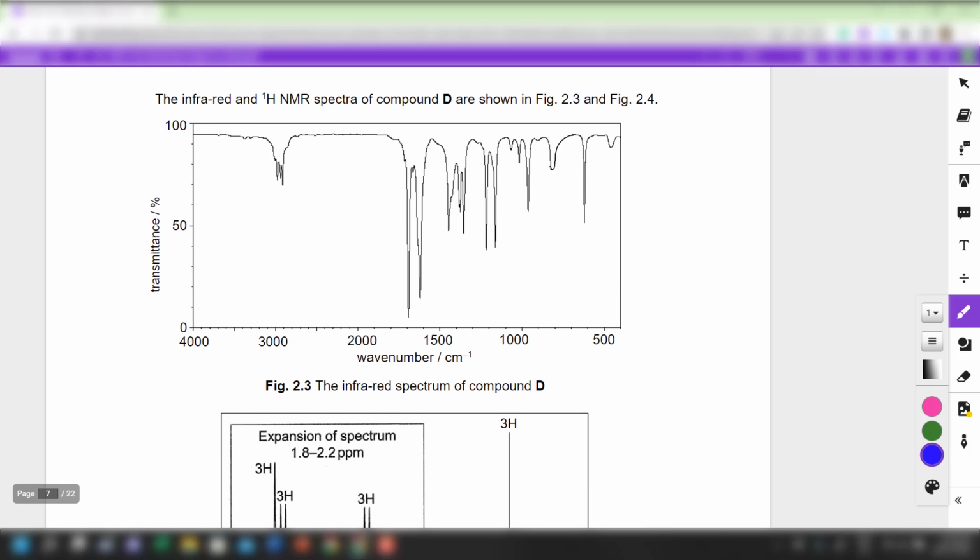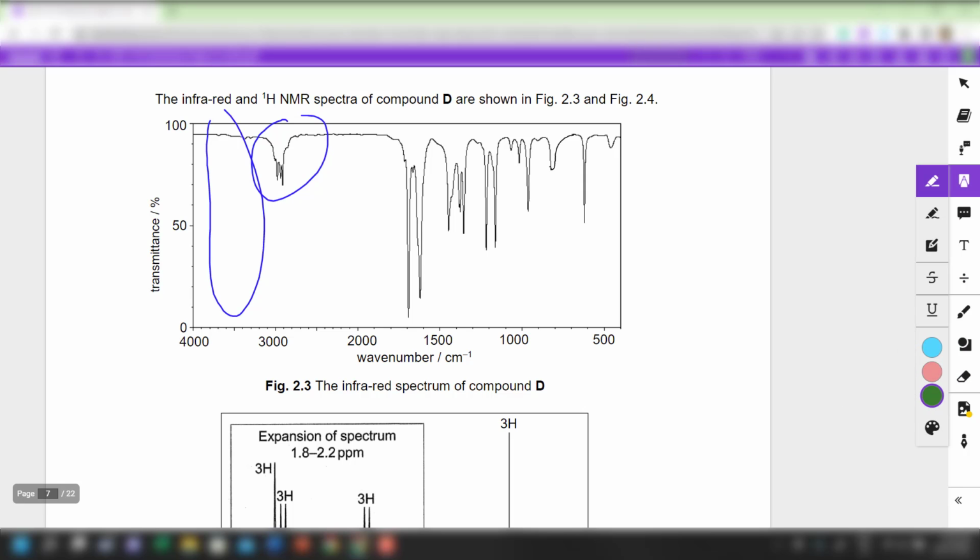Immediately you notice that the OH stretch is gone, and you are left with some of the sp3 CH stretch and a little bit of sp2 CH stretch over here, just slightly above 3000. Then you notice that these two lines are now very sharp.